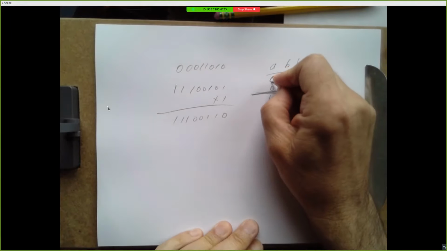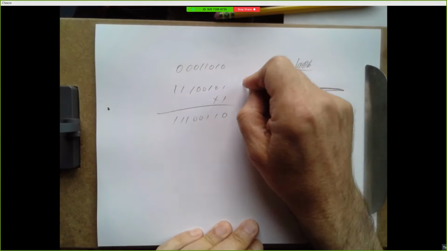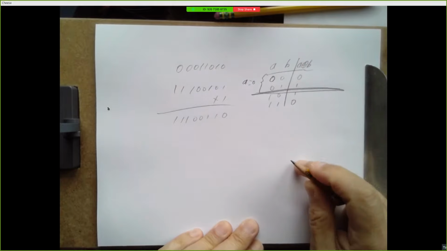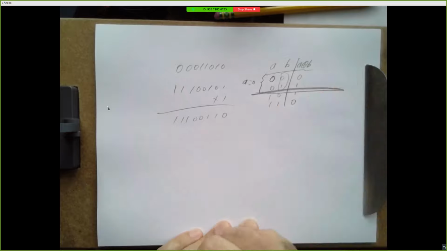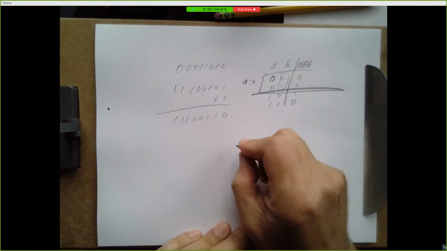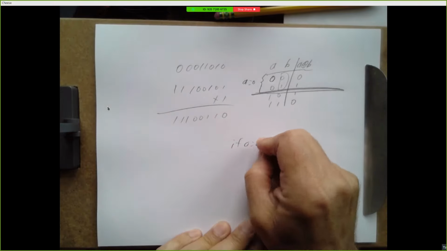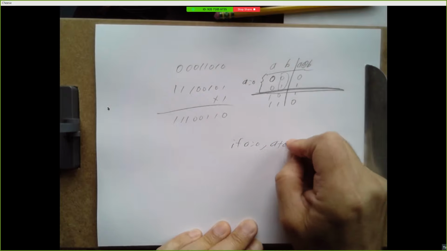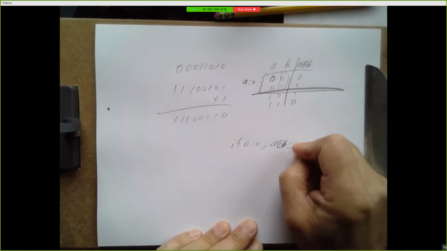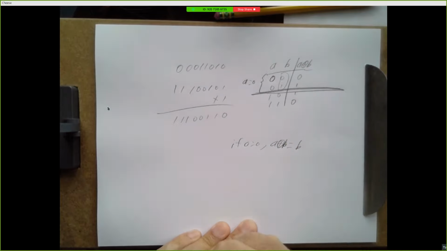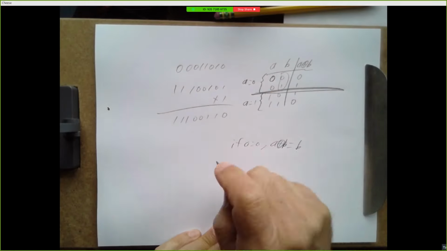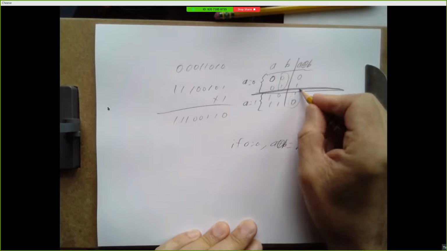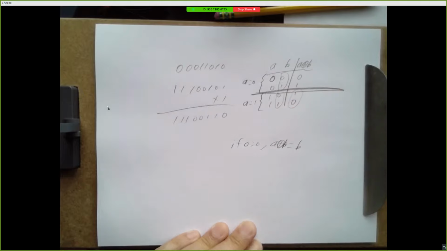Suppose that A is equal to 0. This output is exactly the same as B. So if A equals 0, then A XOR B is exactly the same as B. If A is equal to 1, the XOR is the opposite of B.